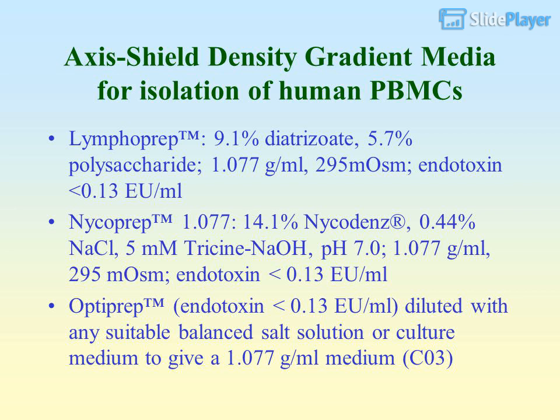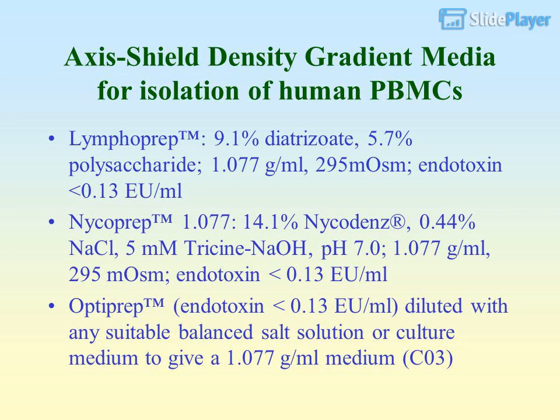Axis-Shield density gradient media for isolation of human PBMCs. Lymphoprep: 9.1% diatrizoate, 5.7% polysaccharide, 1.077 grams/ml, 295 mOsm, endotoxin less than 0.13 EU/ml.